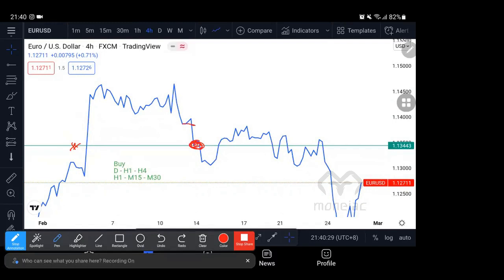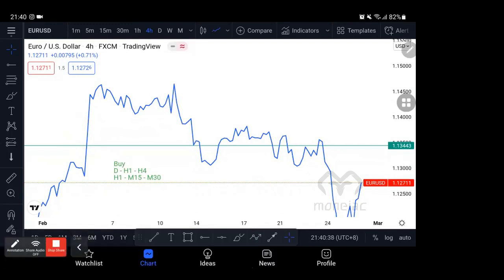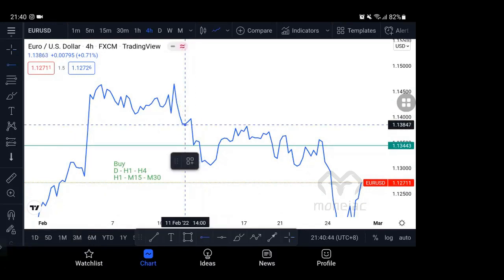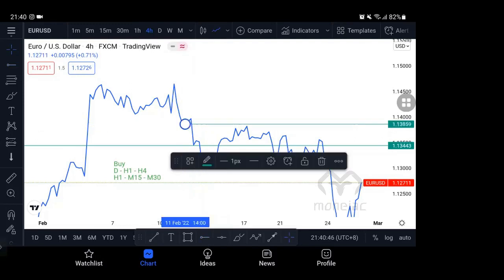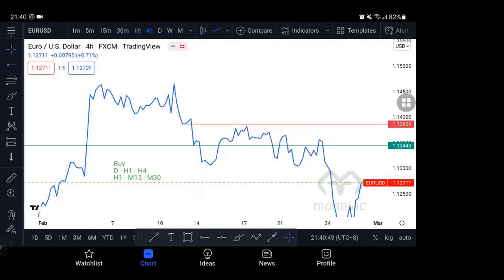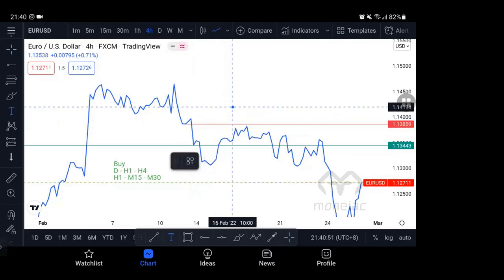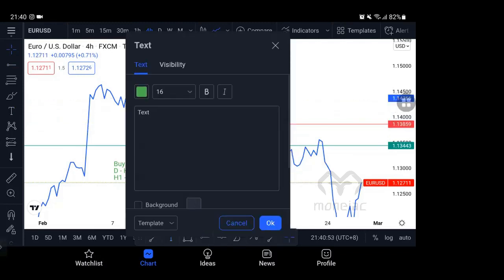So this is the most recent H4 breakout. So we're going to take this as the highest direction for the H4. So we're going to put the lines over here, change it to red. Then we're going to put our text over here, so it will be easier for you guys to identify.